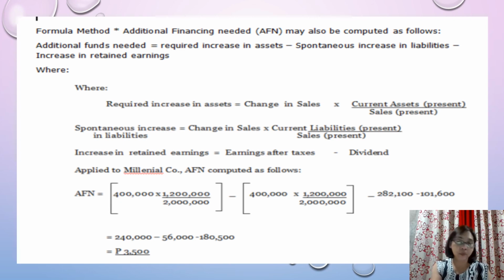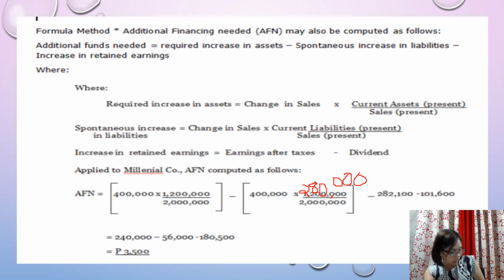So, ang nakalagay po na current liabilities po dyan ay 280,000. That's the current liabilities po ng December 31, 2019.